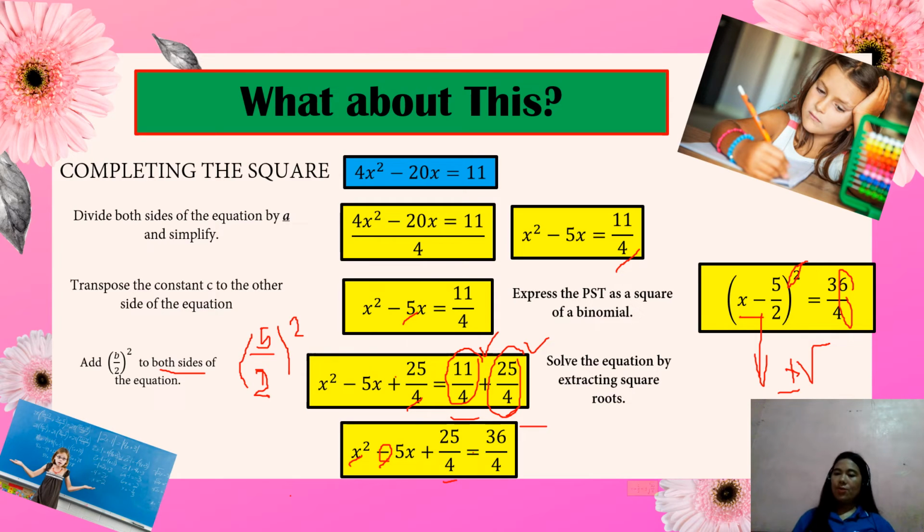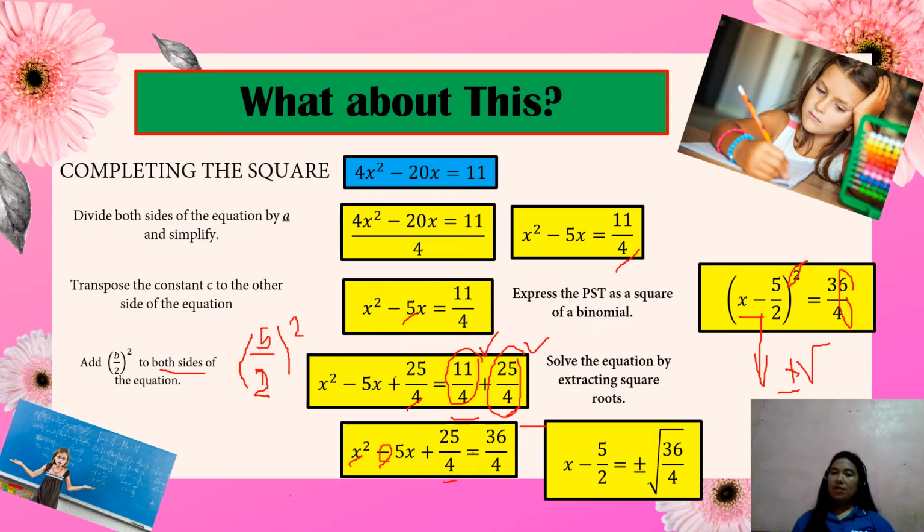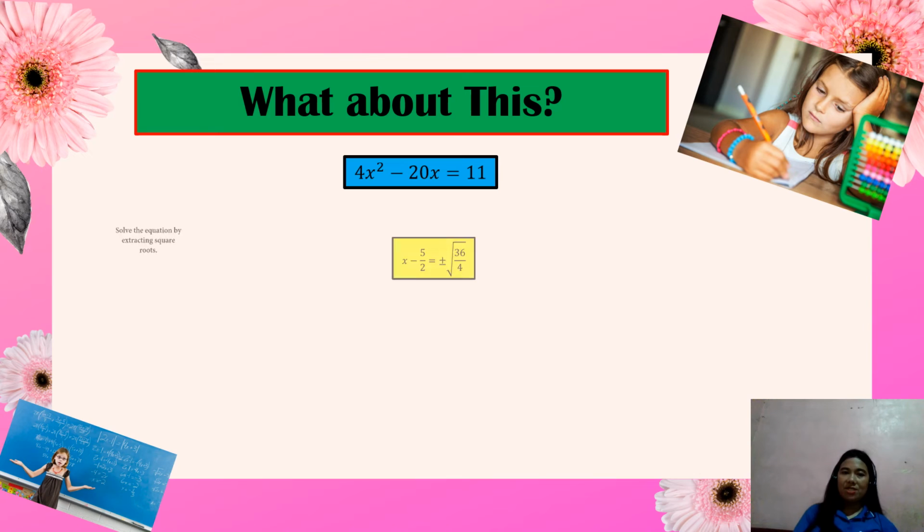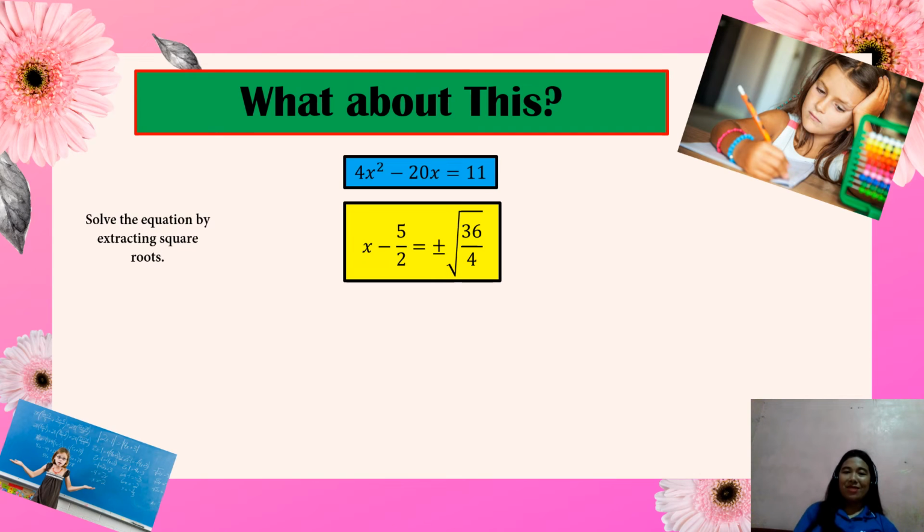So we're going to have x minus 5 over 2 equal to positive and negative square root of 36 over 4. Take note that completing the square is a somewhat longer process. Solving this means you still need to take out the square root of 36 over 4.